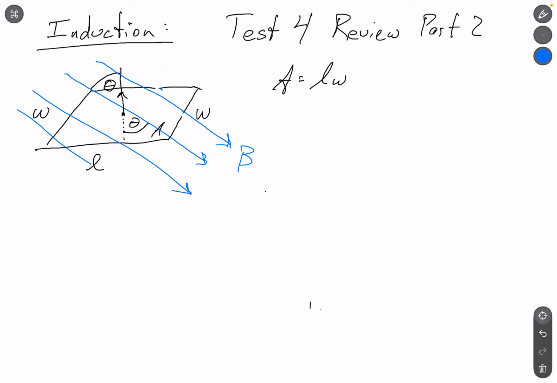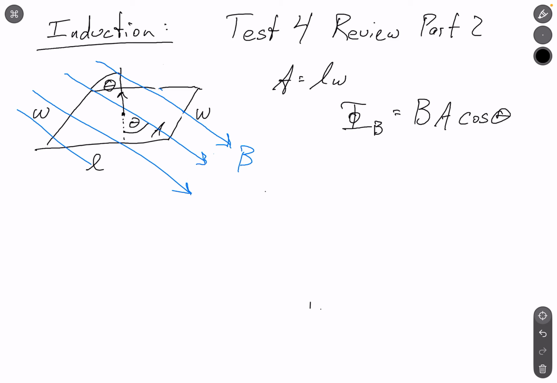And now we can do a thing where we talk about the flux. All right, flux is just flux of anything, but this happens to be the flux of B field going through a certain area. So the B field times the area, all right, but we also need the cosine of the angle between them. So that gives us our total flux.